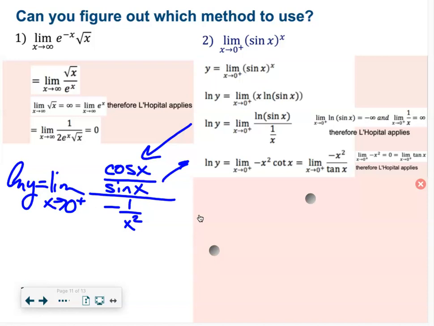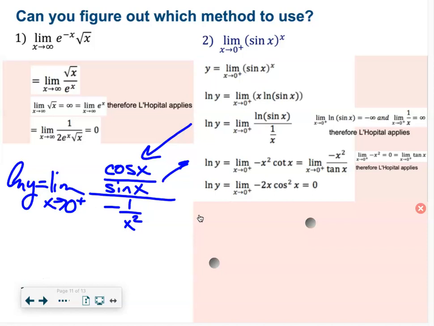So I put the cotangent on the bottom, called it tangent, and then had negative x squared over tan x, which both approach 0, therefore L'Hopital applies. Derivative of the top, negative 2x. Derivative of the bottom, secant squared x, but I just moved it up and called it cosine squared.